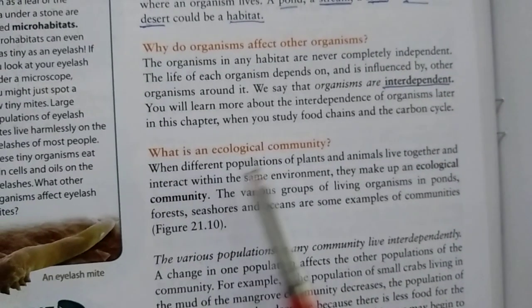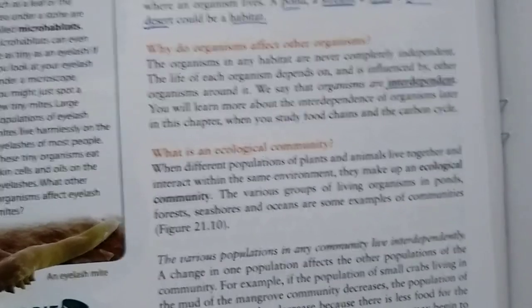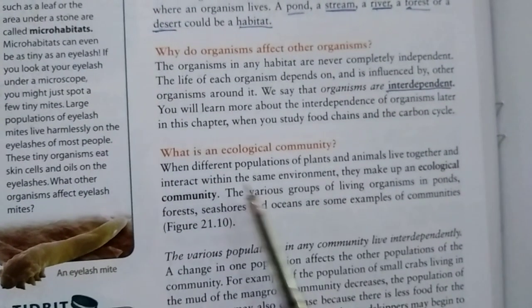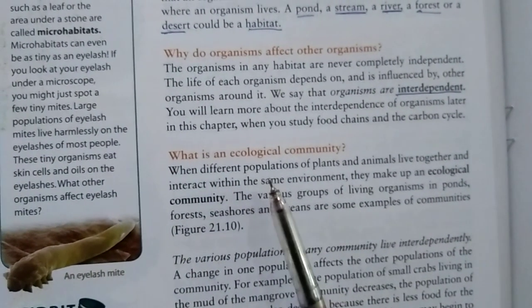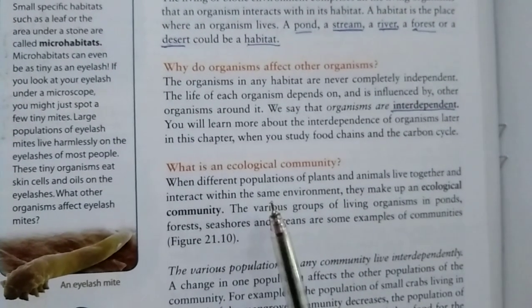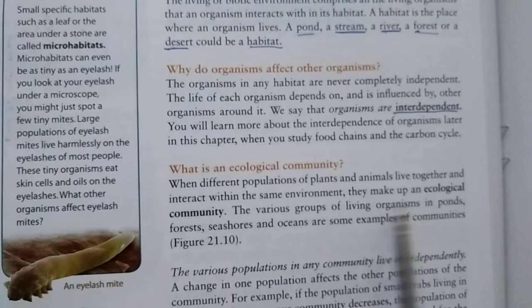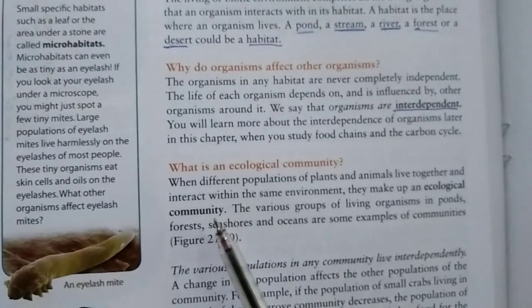What is an ecological community? When different populations of plants and animals live together and interact with the same environment, they make up an ecological community.